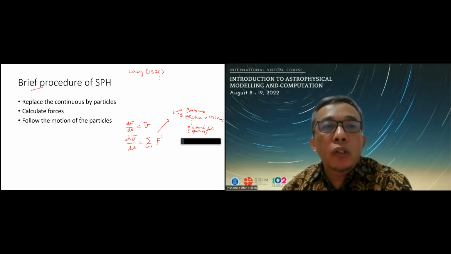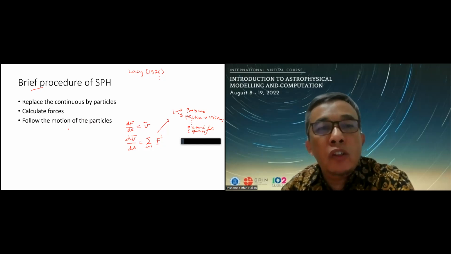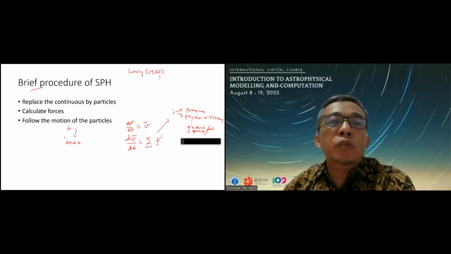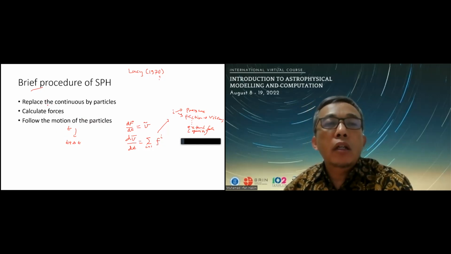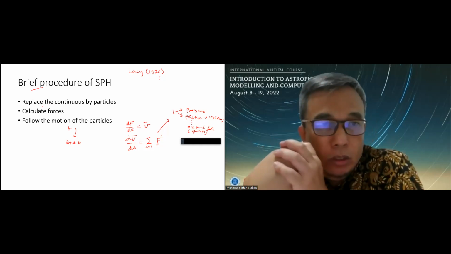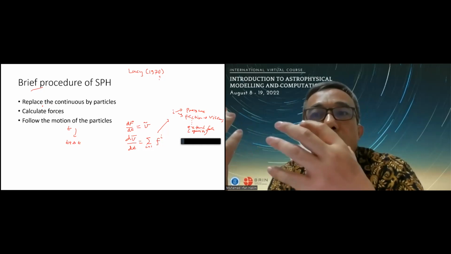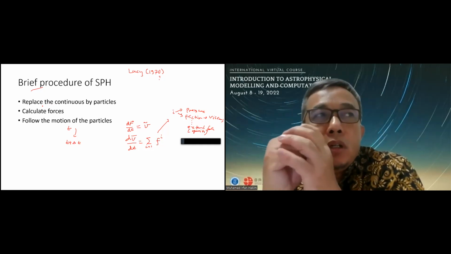Once you have done this third procedure, you have to do time evolution. So you have to proceed to the next time step. So you have to update the arrangement of the particles, for example, how many particles are in the neighborhood of a specific particle.